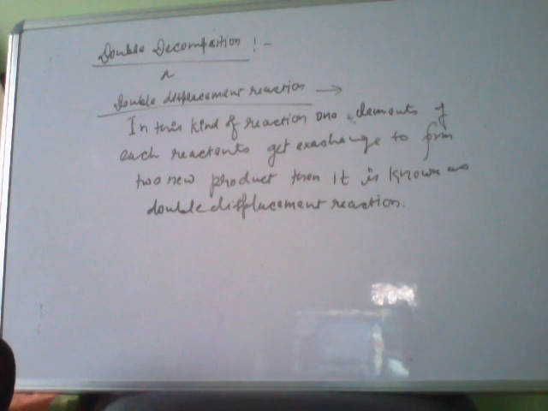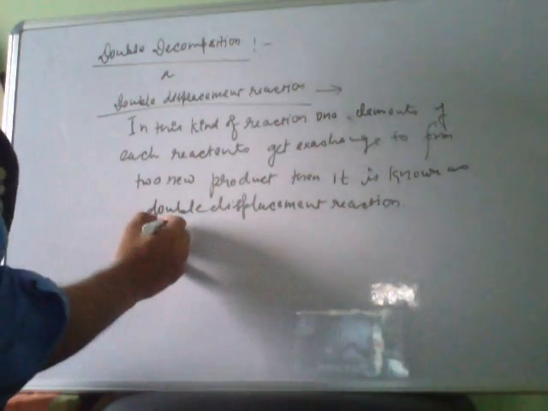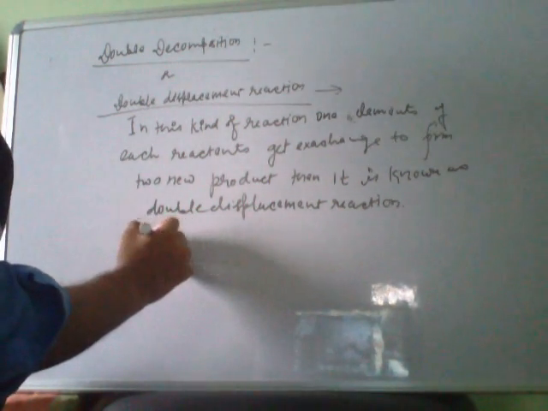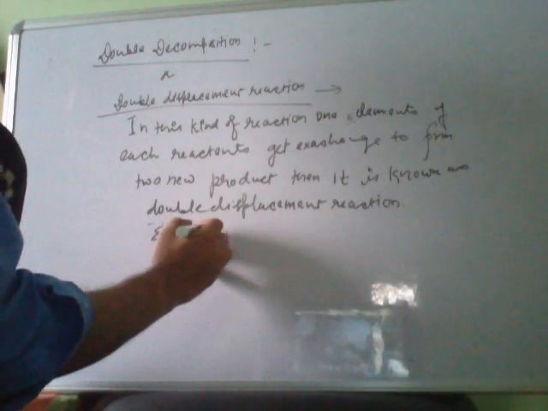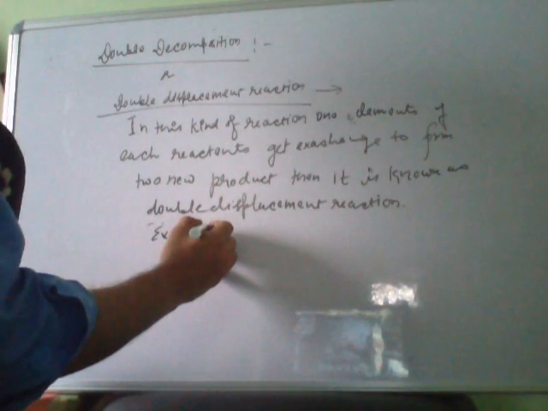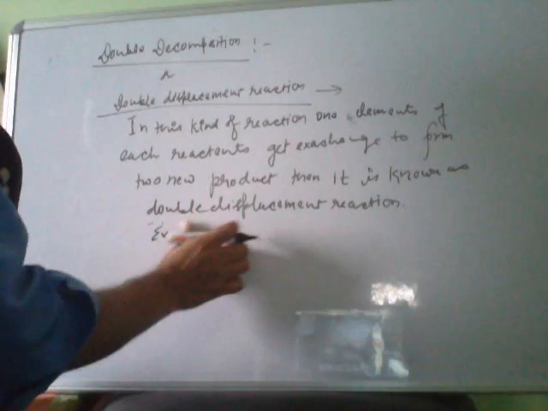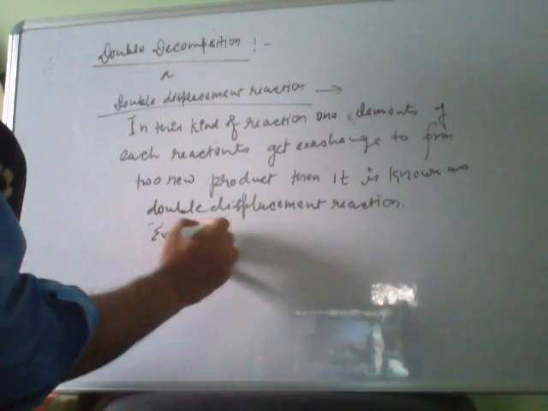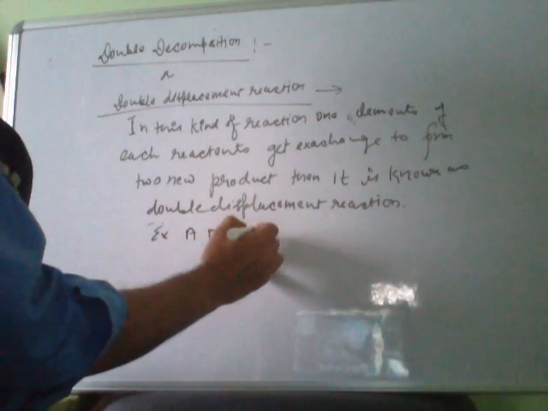And double displacement reactions are of two types. Let me explain with a general example: you have AB plus CD.